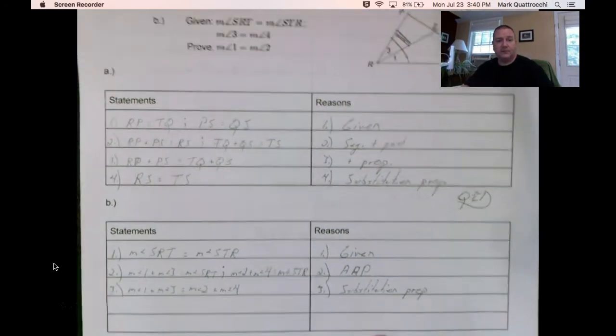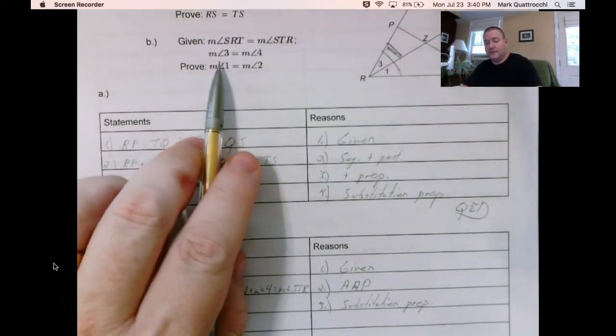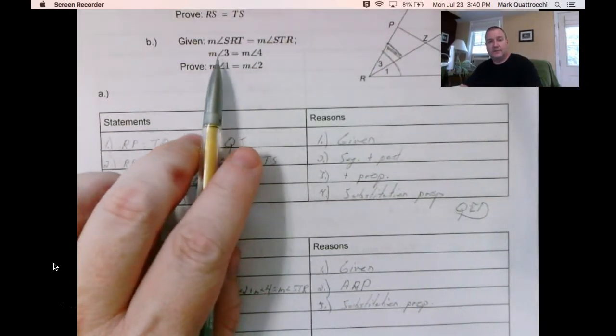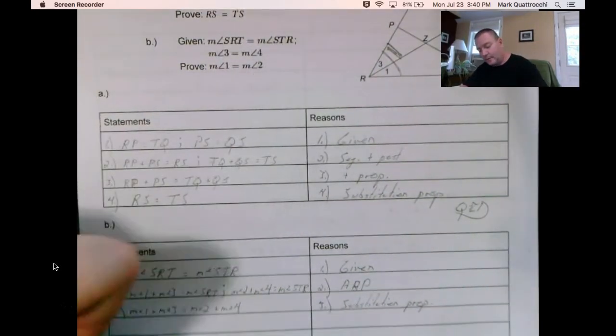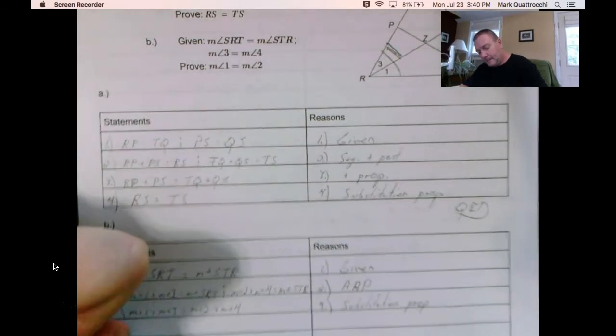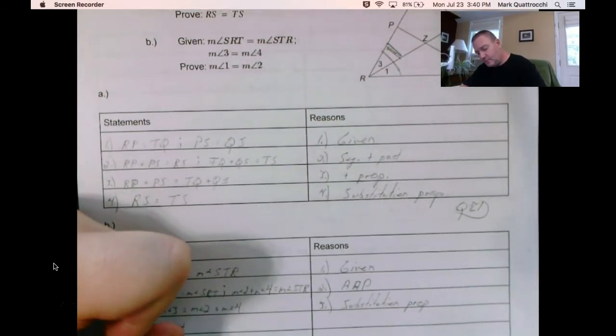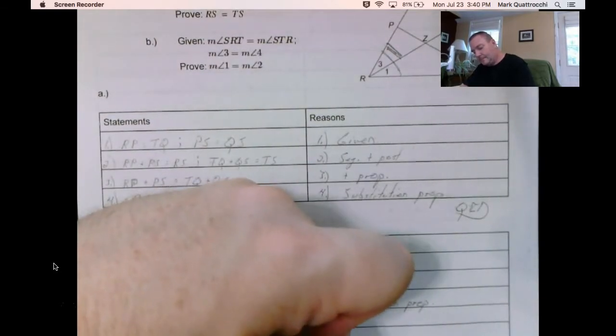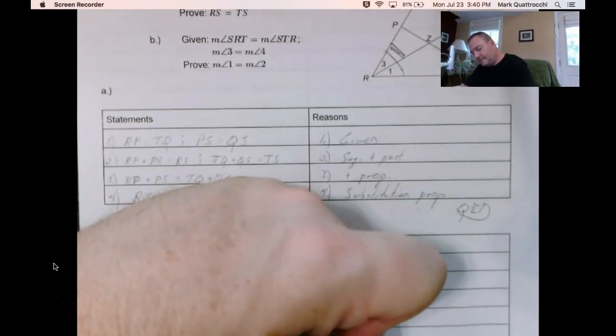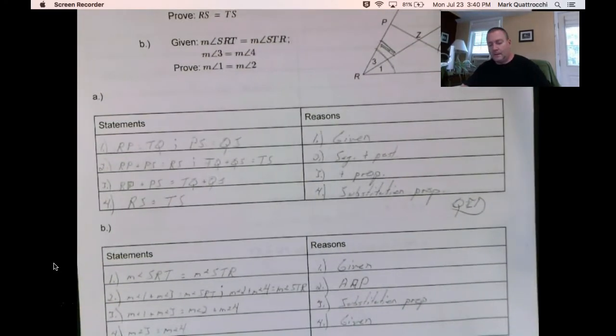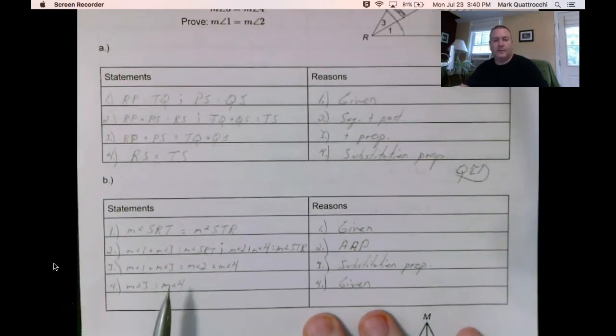I still haven't used my second given: the measure of angle 3 equals the measure of angle 4. Given. Well, 3 and 4 are equal. We're allowed to subtract equal things from both sides.